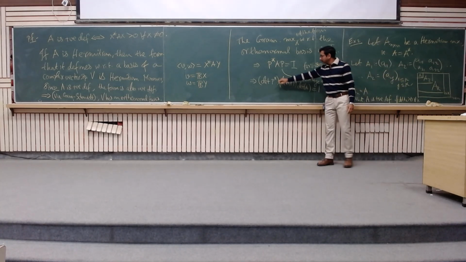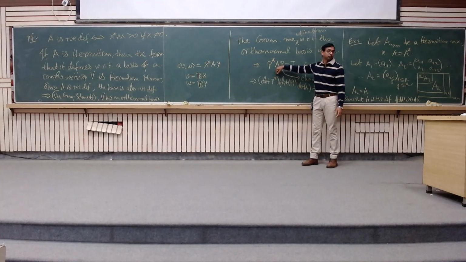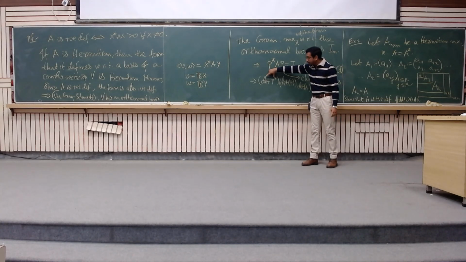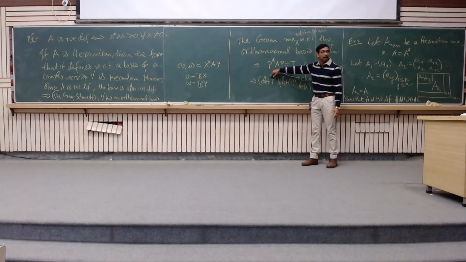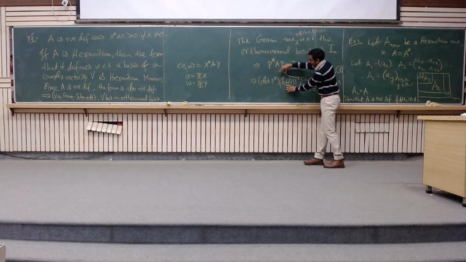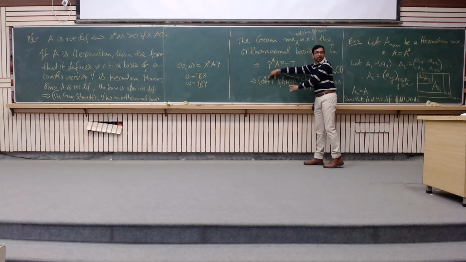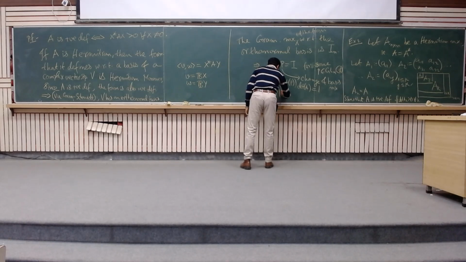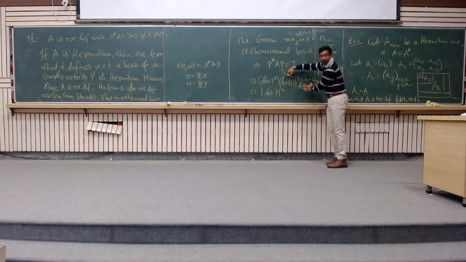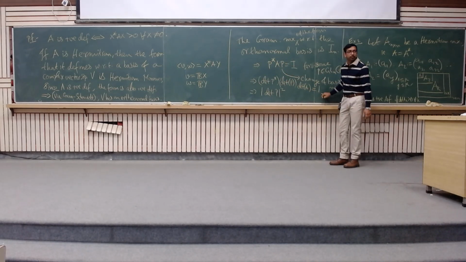Because this star is bar transpose, right? So determinant of P transpose is equal to determinant of P, and now you are taking the bar of it, so it is the conjugate. Therefore, this is just the conjugate of determinant of P, so we get determinant of P squared, the modulus, times determinant of A, that would give you 1.